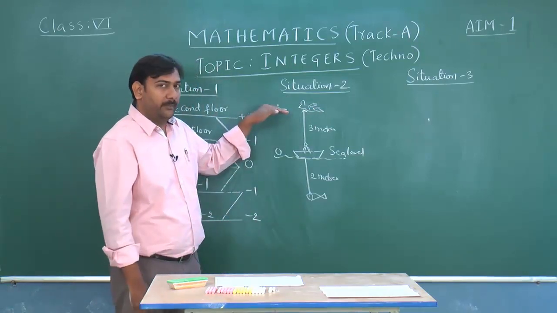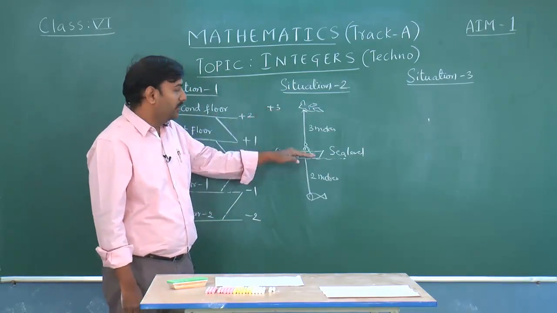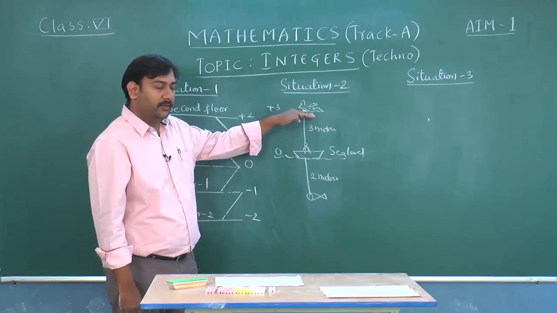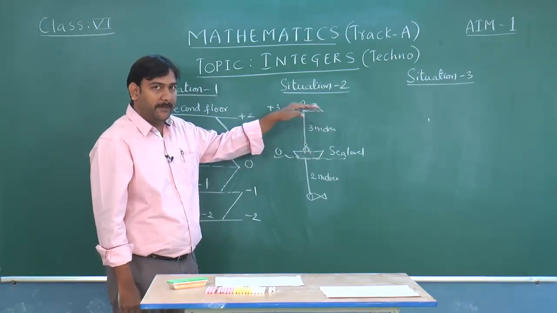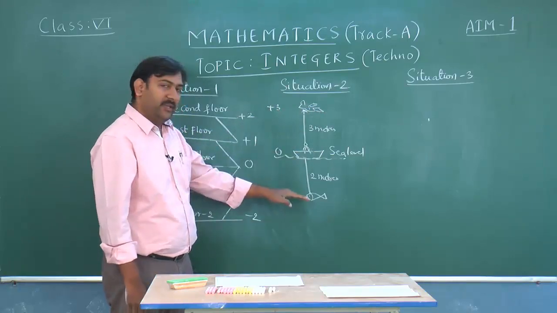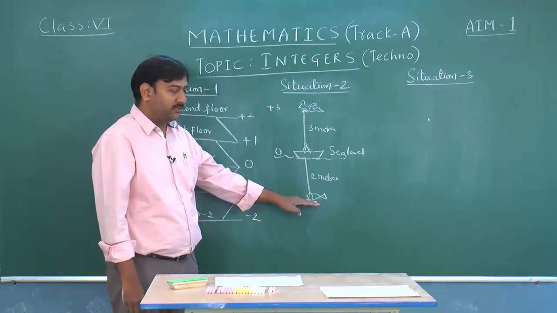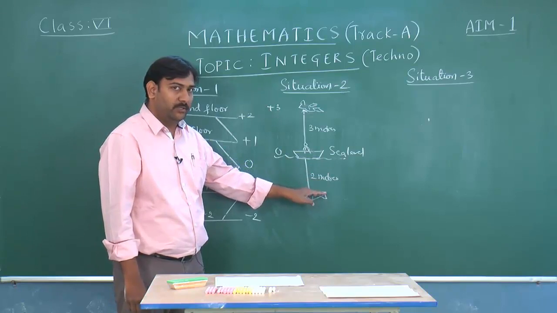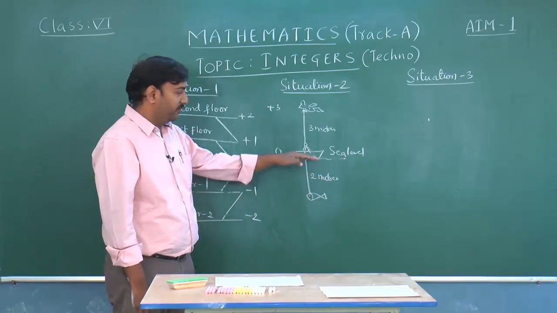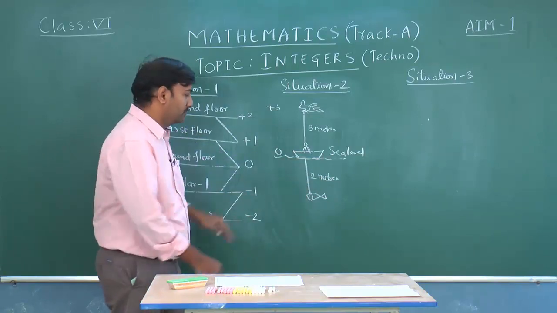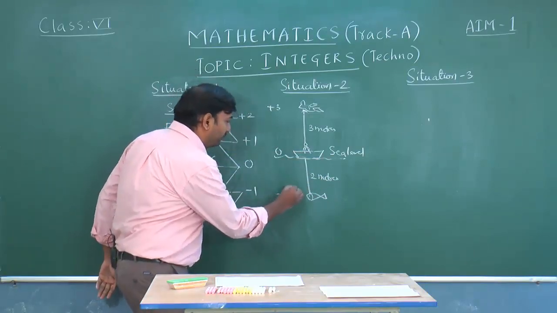Why do we use the plus sign? Because the bird is above the sea level, so the plus sign indicates that the bird is flying above the sea level. In case he has seen the fish swimming in the water about 2 meters below the sea level, the distance of the fish from the sea level is considered as -2.